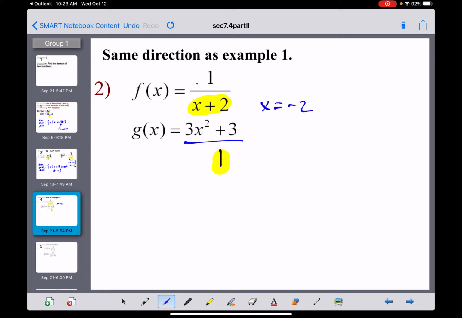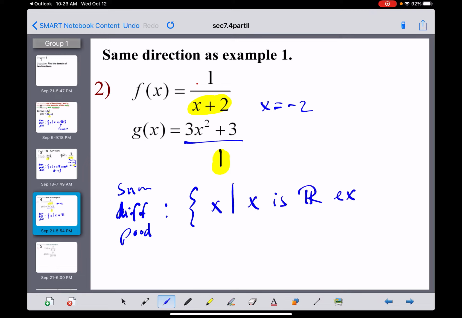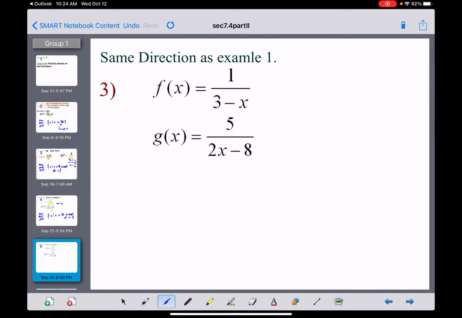So for the sum, difference, and product, the domain is going to be x such that x is all real numbers except at negative 2. Because at negative 2, the f function is undefined at that point. So that's why we cannot have negative 2 in there. Okay, let's move on to the next one.